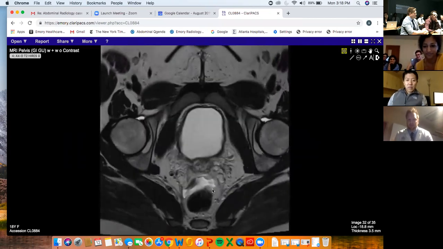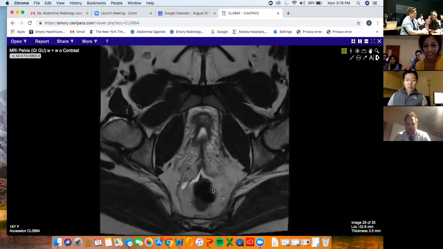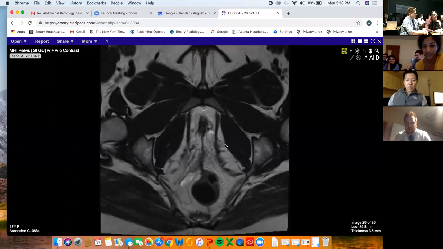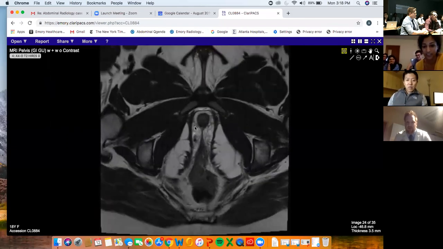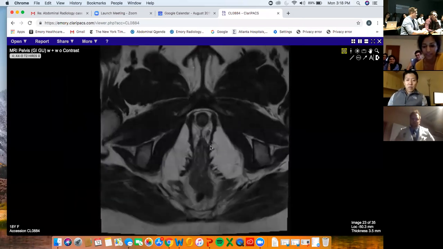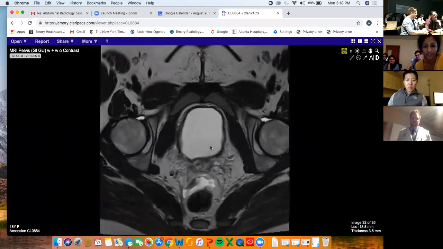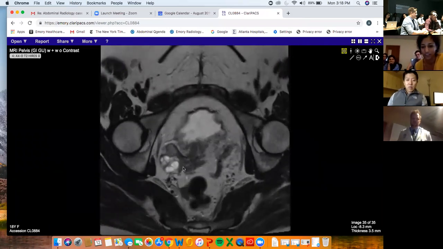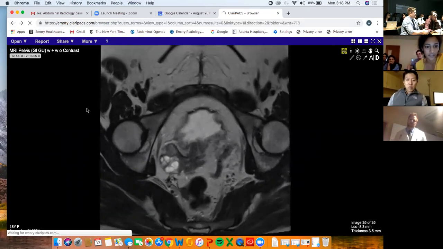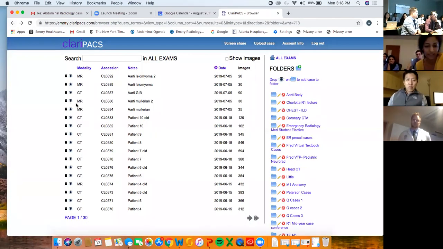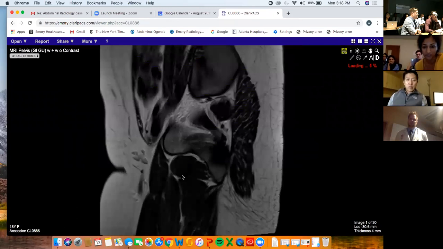There's no uterus? Yeah, there's no uterus, and there's not even a vagina. So normally the H-shaped vagina should be right here. So that is missing. And then as we go higher, we can see though that she does have an ovary, and on the other images, we could see that she had an ovary on the other side as well. So do you know what that's called?